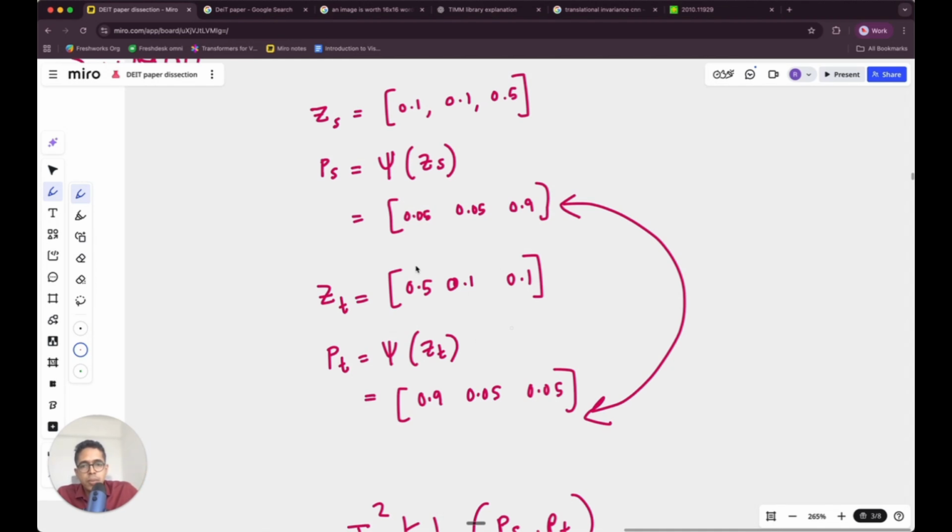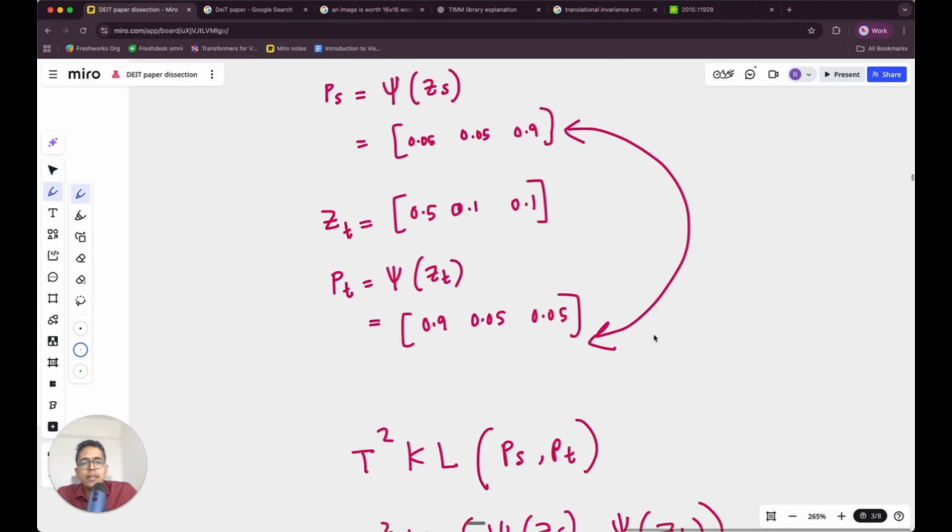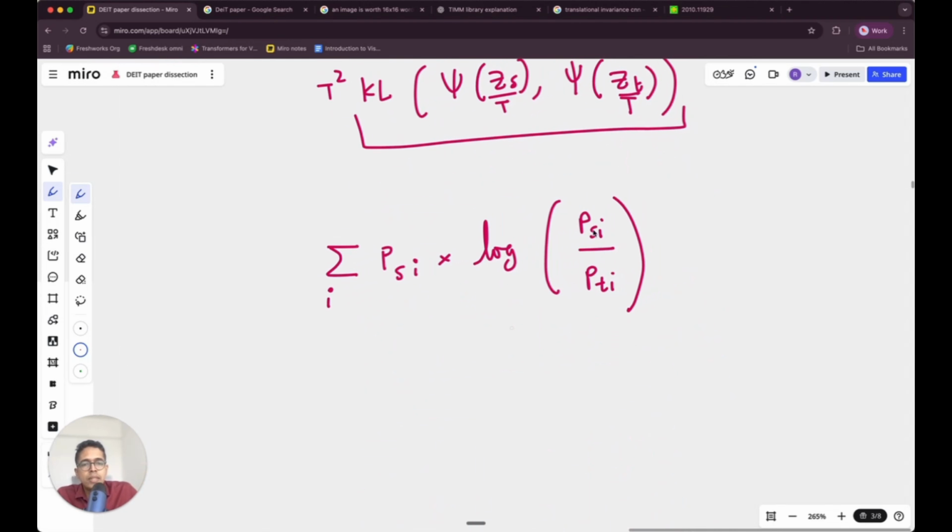So if the student's predictions were also 0.9, 0.05, 0.05, then the error loss should be 0. And how is that 0? Because PSi and PTi will be the same, which means the logarithm of something by the same thing, which is 1. The logarithm of 1 is 0. So the contribution of every single term to the loss will be 0.